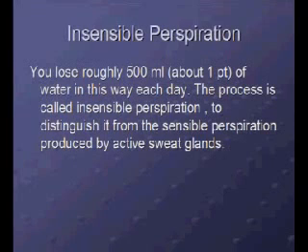Through the integumentary system, you can have insensible perspiration. You can roughly lose about 500 cc's or 500 milliliters, which is approximately 1 pint of water, in this way each day. The process is referred to as insensible perspiration because it's to be distinguished from sensible perspiration, which is produced by active sweat glands.